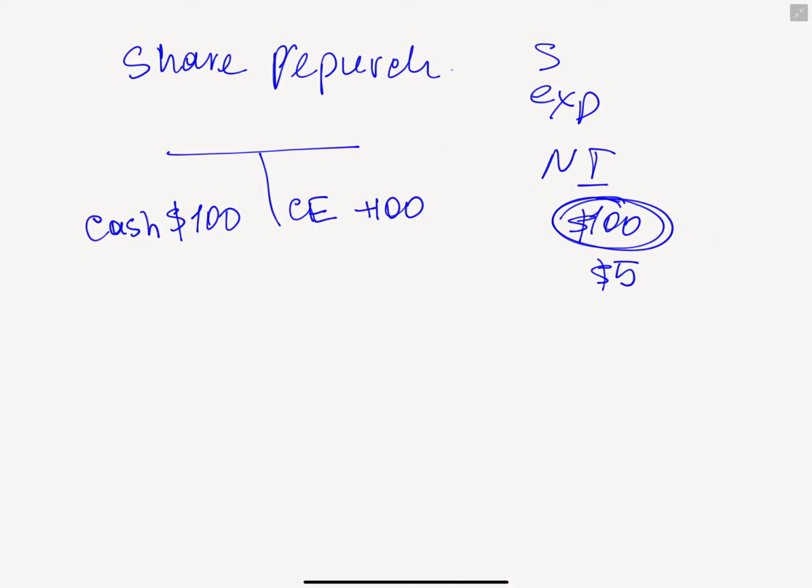Then your cash decreases by $5, but here your common equity also decreases by $5. Retained earnings, which you get from net income, will decrease.